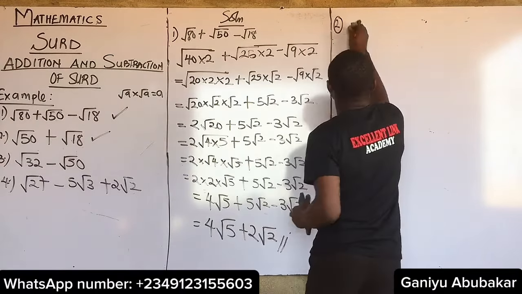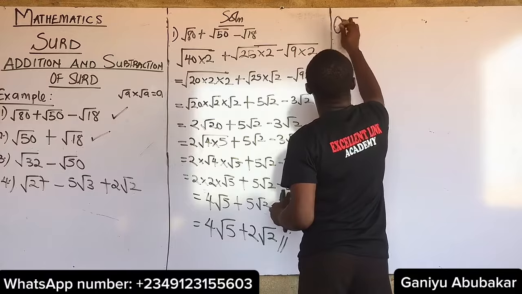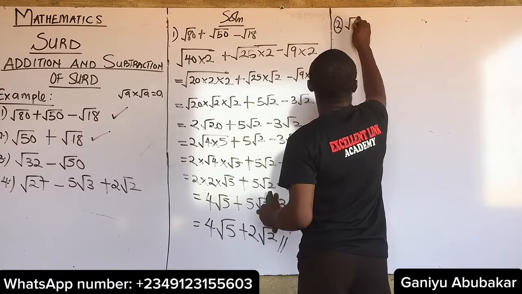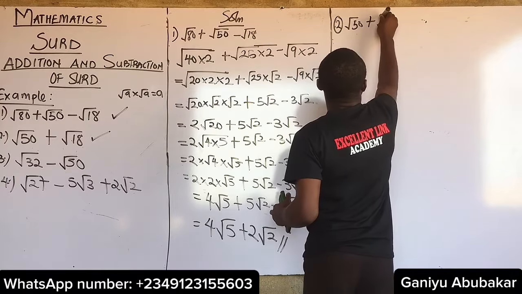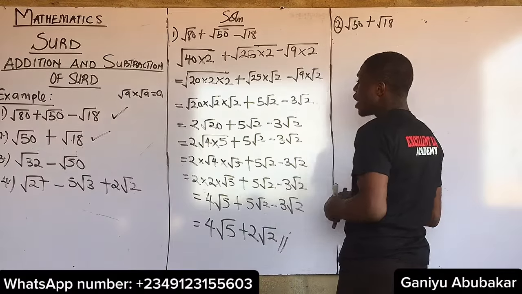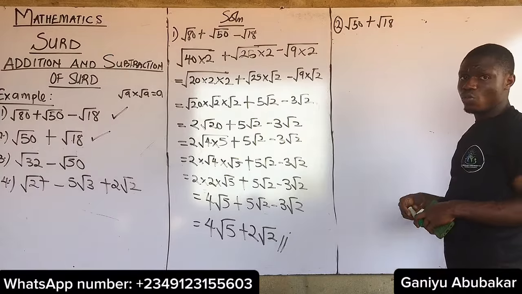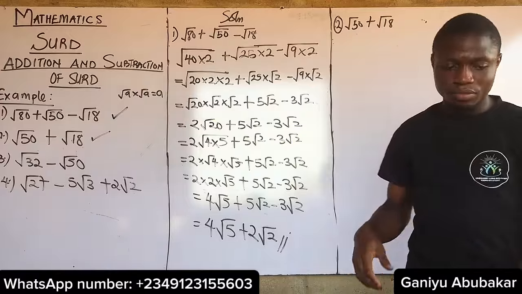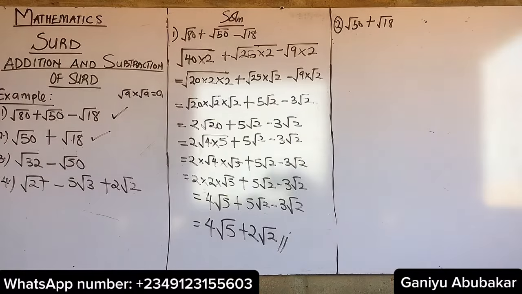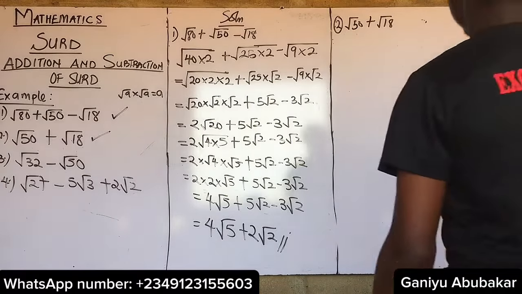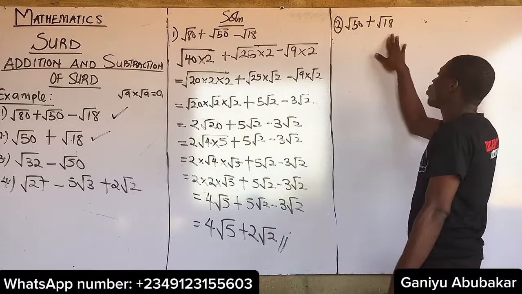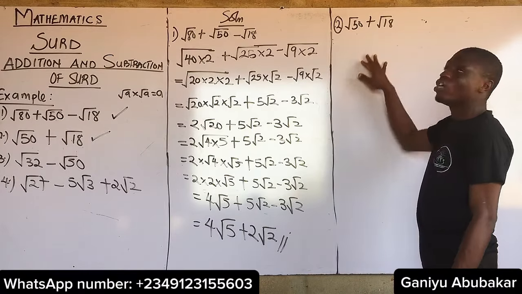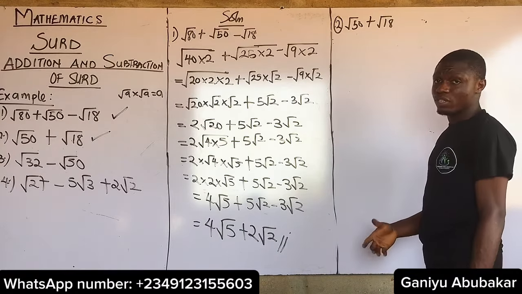Number 2, then I'm having root 50 plus root 18. How do you add these two surds? What's your task? My task now is break down these two surds into their basic forms, right?